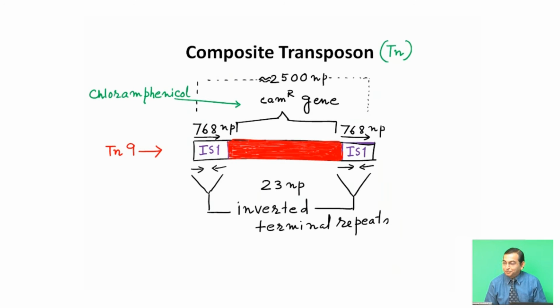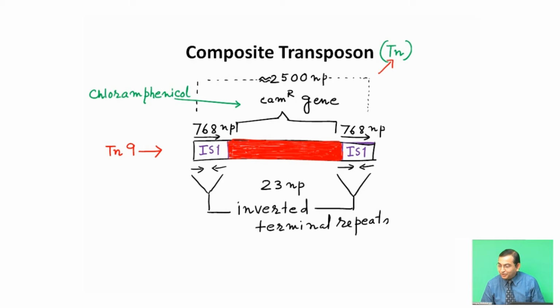Composite transposition. Composite transposition is designated by Tn. In the composite transposon, there are two IS1 elements, each one of 768 nucleotide pairs, with 23 nucleotide pair inverted terminal repeats.